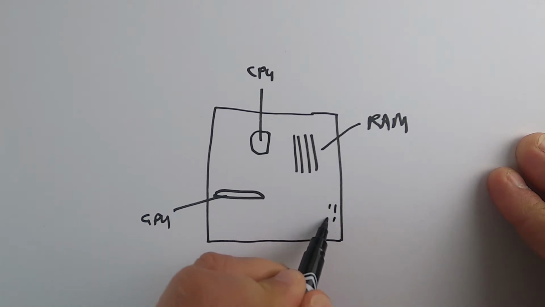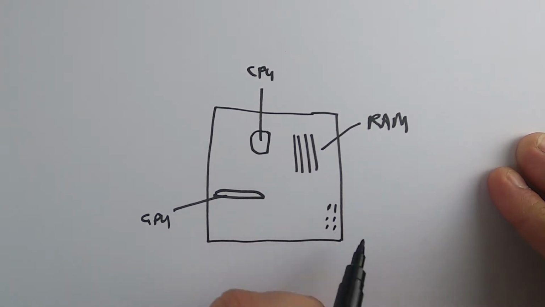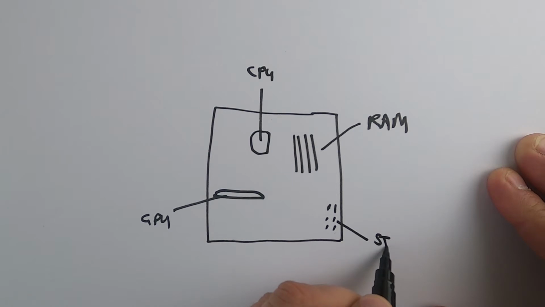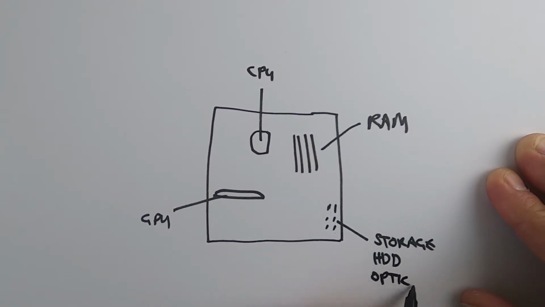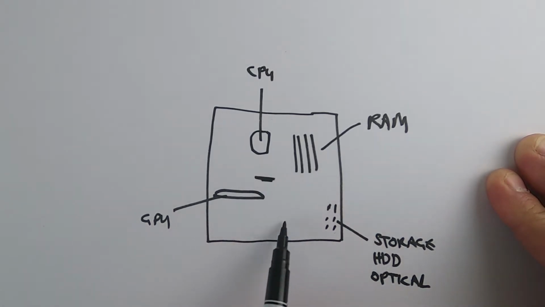It will have places to put some storage, which I'll say is the HDD, hard disk drive. You can also add an optical drive if you want to. You might also have space for storage there as well, which I'll cover too.